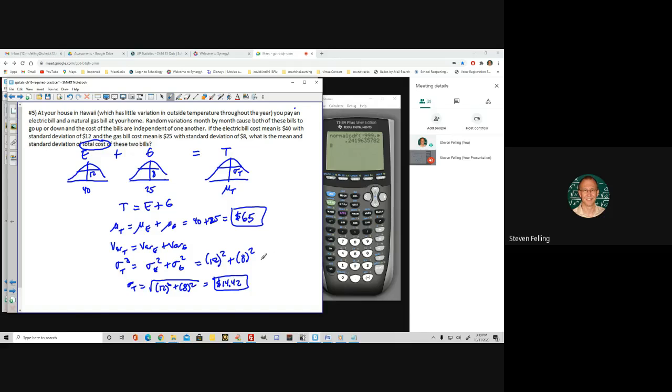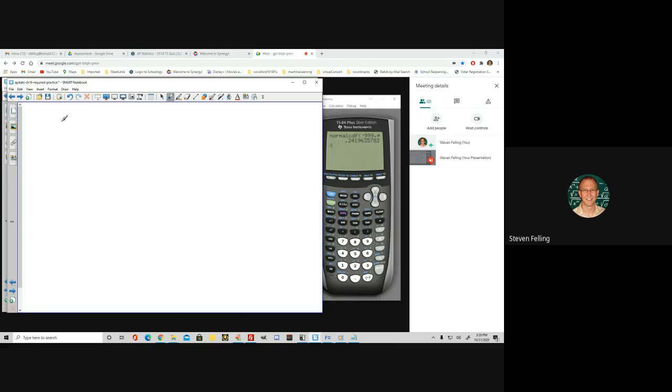Now, one last thing to talk about. This total here, we don't have to be limited to just two sources of variation. Let's say we had an egg carton, a carton of eggs. And so there's a dozen eggs in here, right? Plus the carton itself.